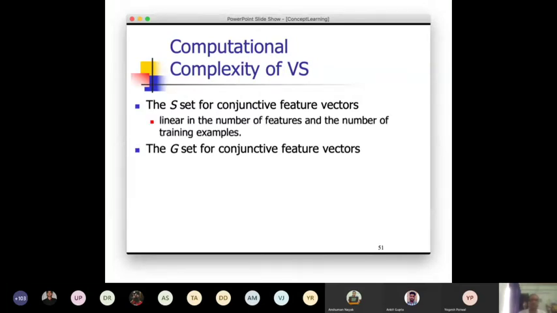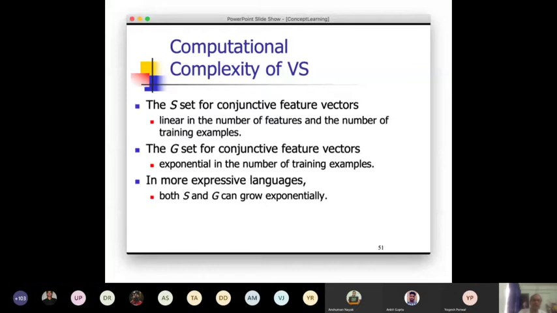This most specific set, the set of hypotheses S, there you can say that it is linear. That can be shown. It is linear in the number of features and the number of training examples, but the general boundary, there it is not so linear. It could be exponential. We have seen so many combinations.